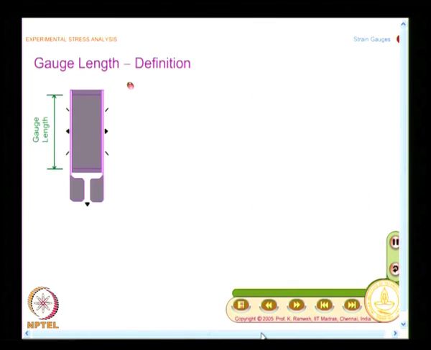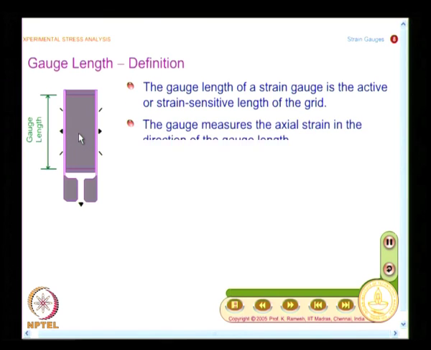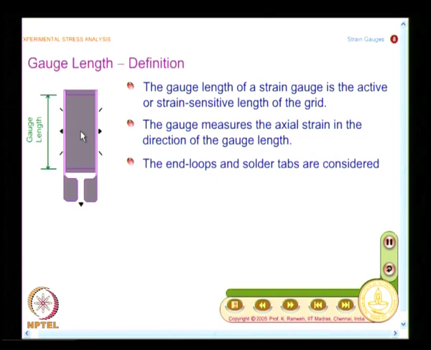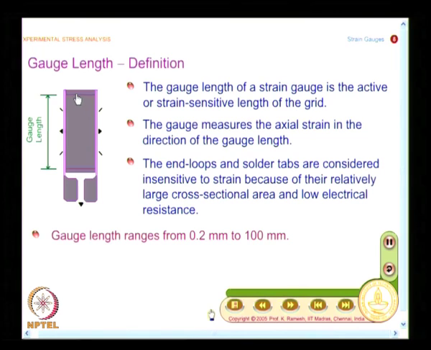And let us understand what is the gauge length, because this is a very important aspect. I said you do not have a magic material which as a speck of material is able to measure strain. I need to have a finite length, and this is put in a grid form, and the way it is manufactured, we ensure that it is primarily responsible for measurement of strain along the gauge length, because you make the wire thin enough in that direction and you define the effective measurement length here as gauge length.